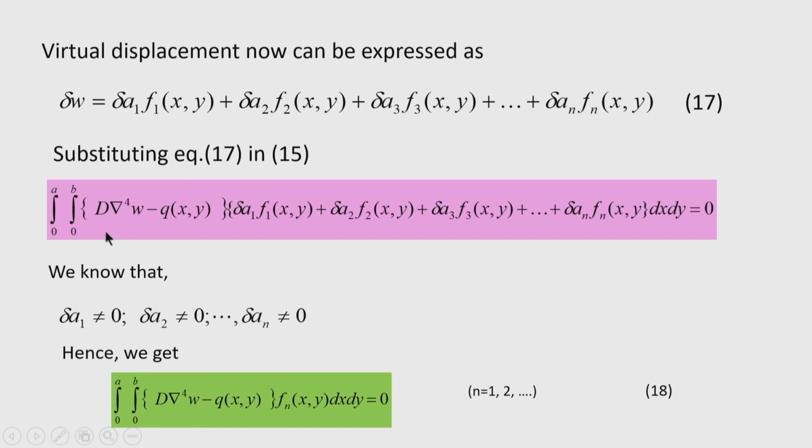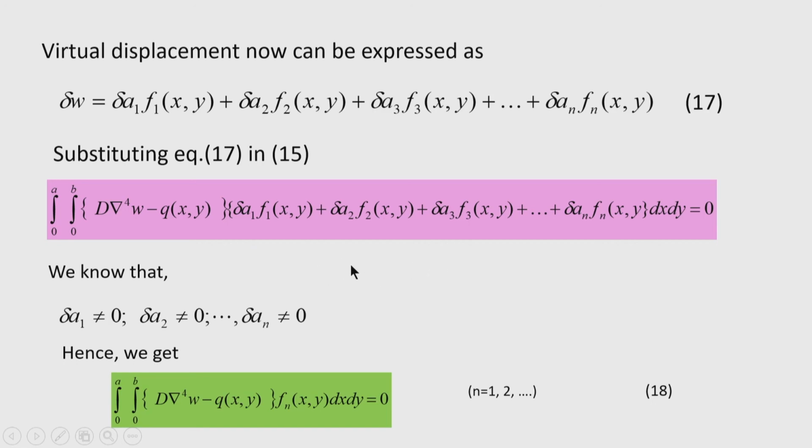Then again we will get D del 4 w minus q(x,y) into f2(x,y) equal to 0. Then again D del 4 w minus q(x,y) into f3(x,y). Of course, integration has to be done in all other expressions, equal to 0, like that we will get.